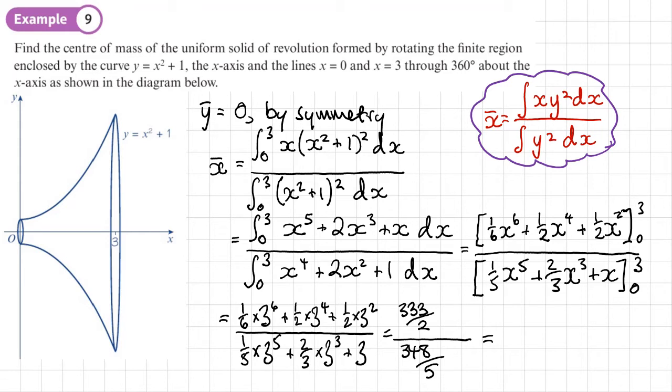And that gives me 555/232. So that's my value of x bar, and I've already said previously that my centre of mass in the y direction is 0. So we could, as we've done with the others, write the answer as a coordinate, but writing it this way is fine.